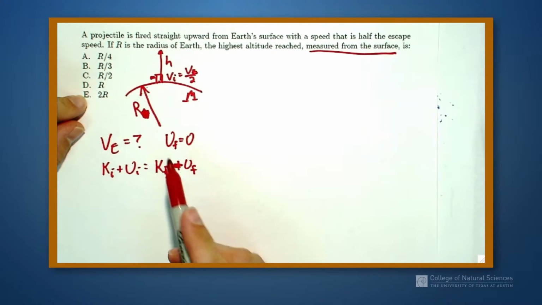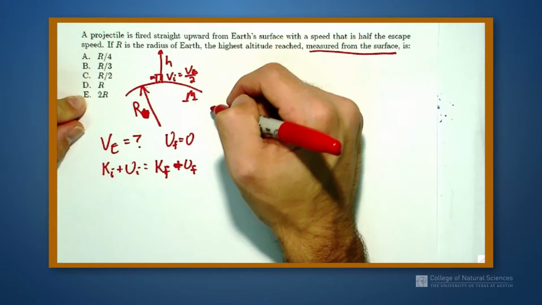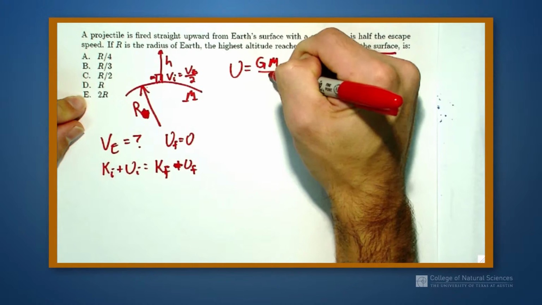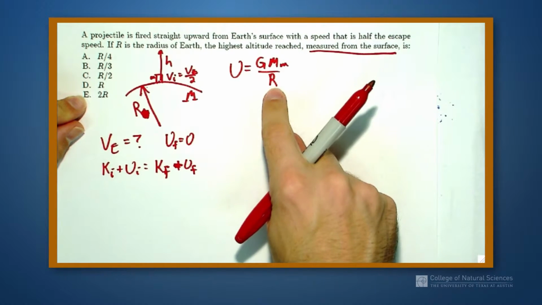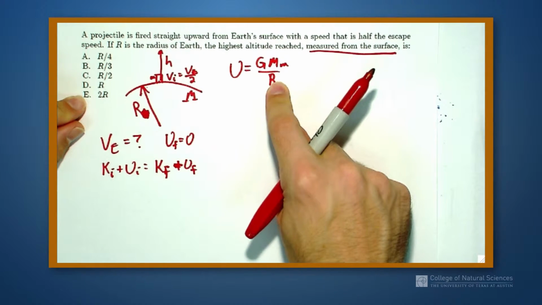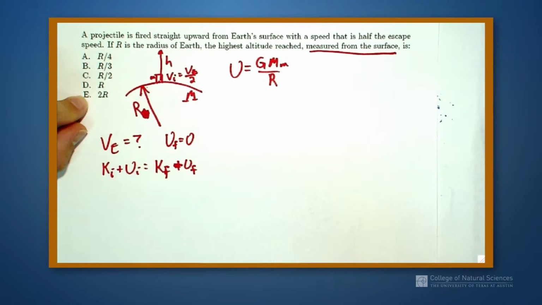Why do I know this? Well, my value for U, negative GMm over r, is 0 when I'm at an infinitely far distance away from my original mass, an infinite distance separation.